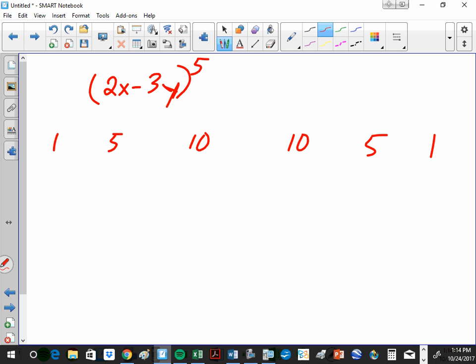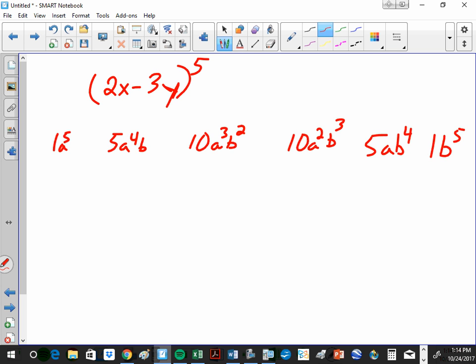You start with a to the 5th and no B's. So we just go down a to the 5th, a to the 4th, a to the 3rd, a squared, a, and no A's. And then no B's, b, b squared, b to the 3rd, b to the 4th, and b to the 5th. Everybody okay with that?